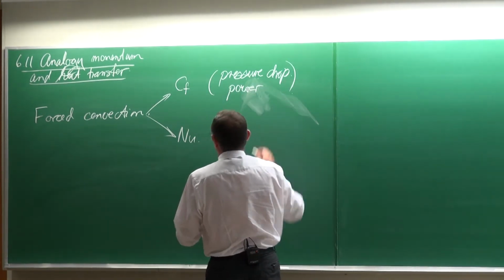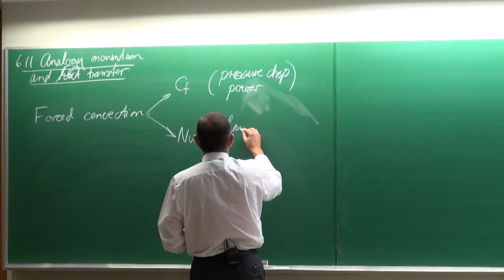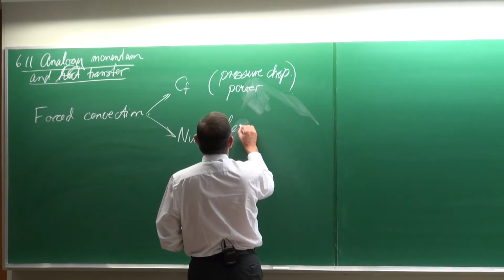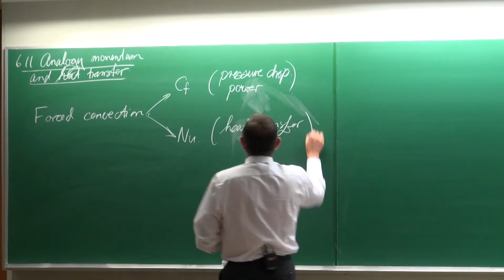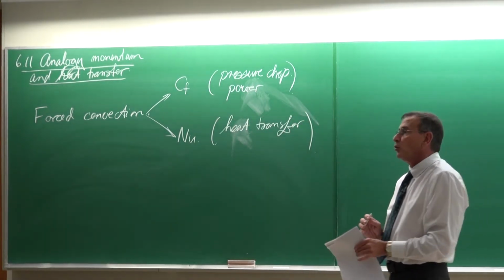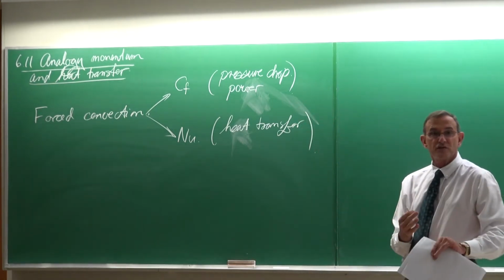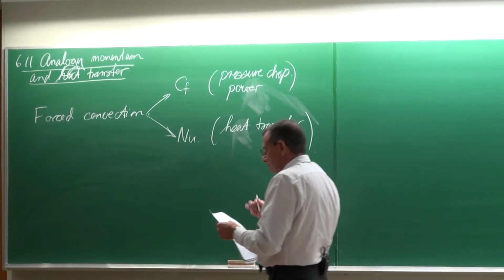So the power requirements. While with heat transfer is about the heat, the Nusselt number is about the heat transfer. How much heat will be transferred, and or if we know how much heat we want to transfer, how much surface area we need at a specific temperature difference.